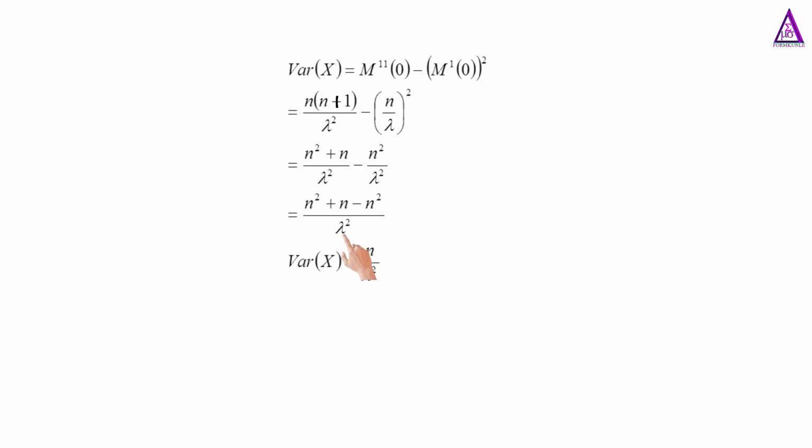When we take the LCM of both terms, we have lambda squared, and we have n squared plus n minus n squared. So n squared cancels minus n squared, and we have n divided by lambda squared. Therefore, the variance of the gamma distribution using the moment generating function is equal to n divided by lambda squared.